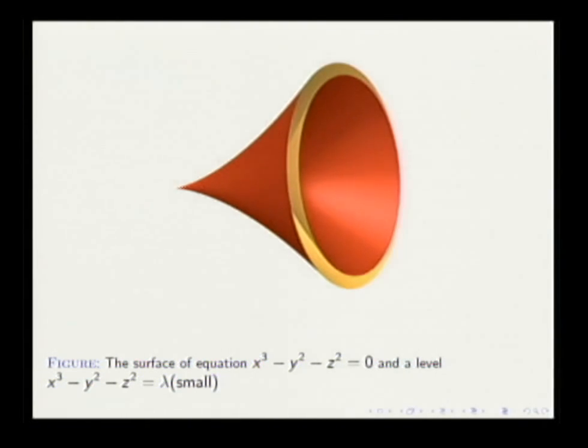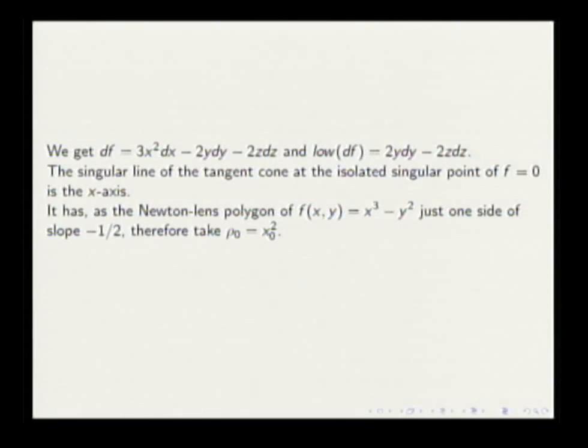And of course, again, it's a real picture which pretends to sum up the complex reality. The point is that computations are easy with complex numbers, and pictures are doable with real numbers. So we should do both and try to make the two viewpoints match. So this is the example.